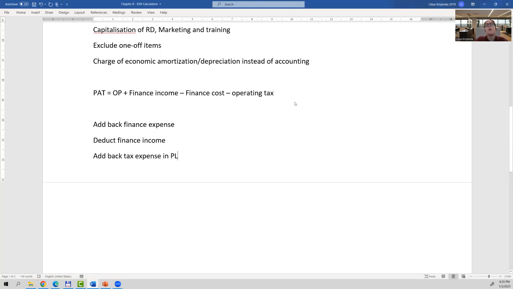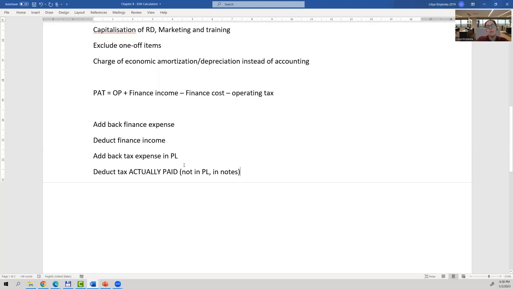And then we will deduct tax actually paid, so it will not be in P&L, it will be in notes.